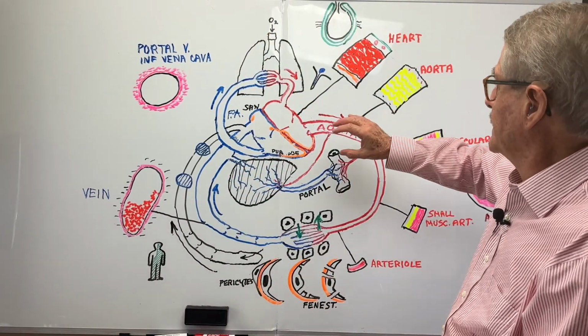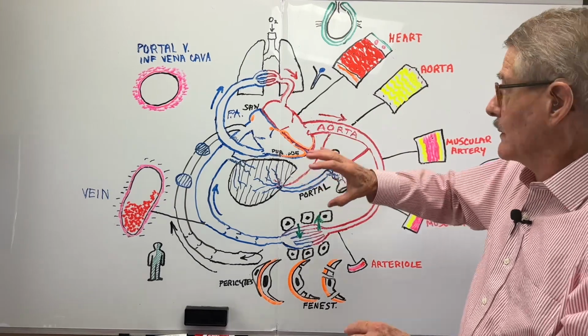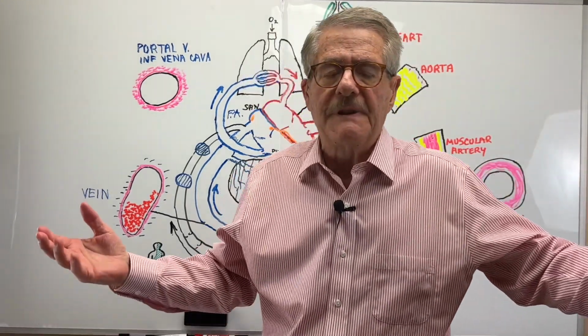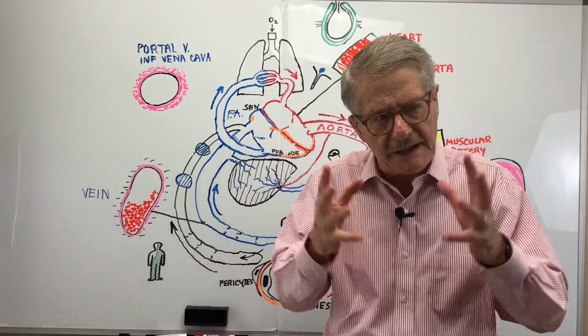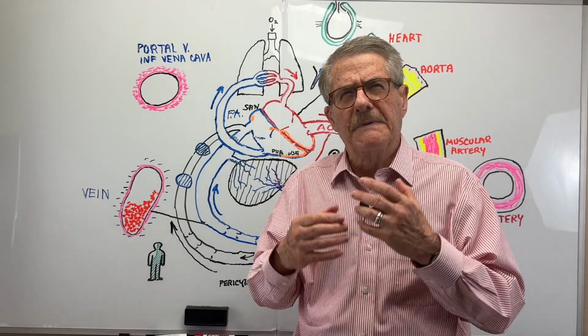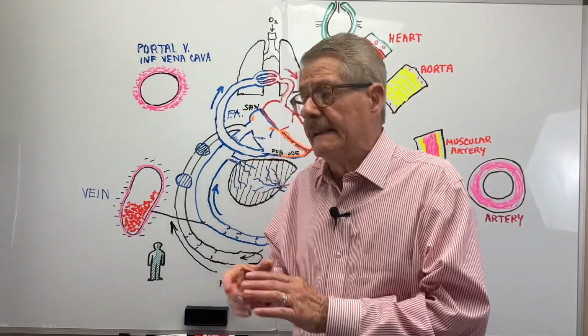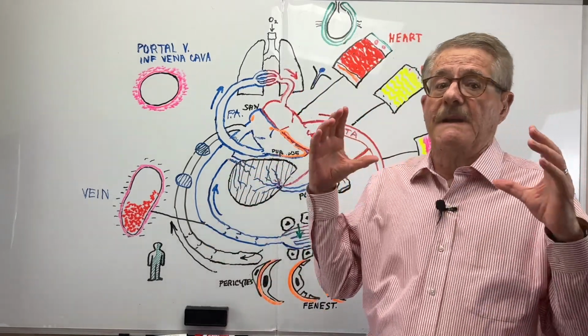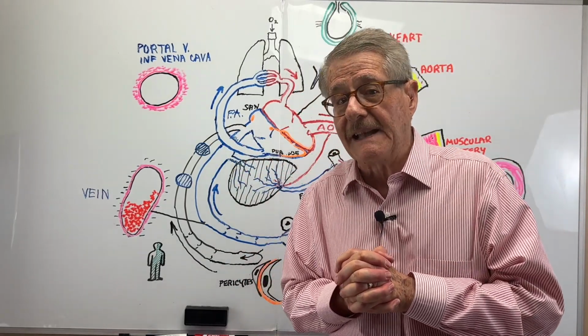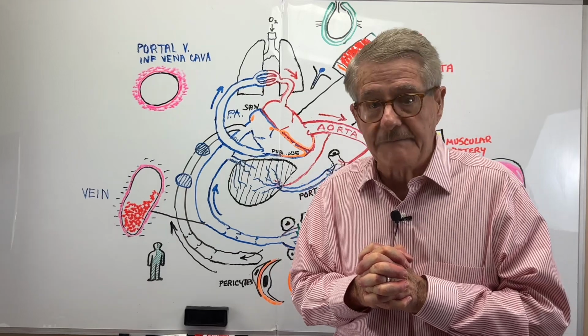Then we'll go to the aorta, and we'll go to the histology of the aorta. It's easier to think, without really meditating about it, that the aorta has the largest amount of muscle, and the idea is that it doesn't have muscle.